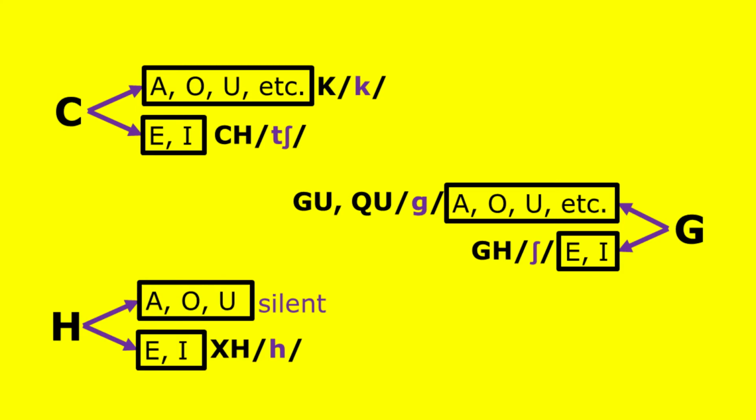H in Romance languages usually has no sound, but English influence actually made H in this language sound like H in IPA in front of E and I. In front of A, O, and U, it will be silent, just like other Romance languages.